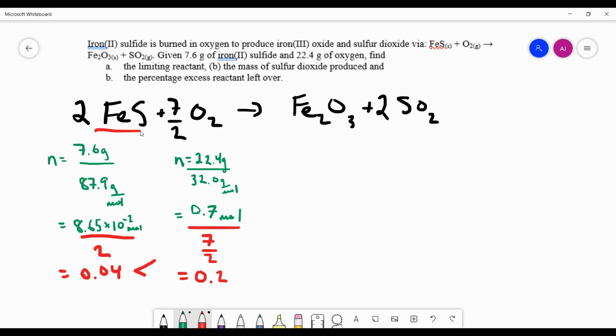So recall that the limiting reactant is the one that runs out first, so it will determine the amount of product produced. And specifically, we're looking at the amount of sulfur dioxide produced. So for every 2 moles of FeS which reacts, we produce 2 moles of sulfur dioxide, a 2-to-2 ratio or a 1-to-1 ratio.